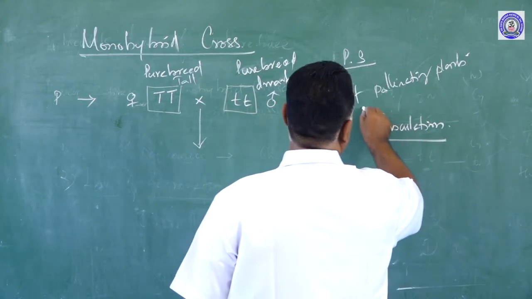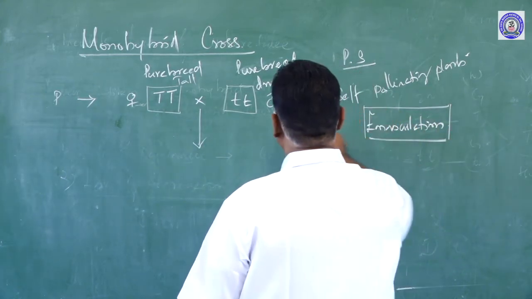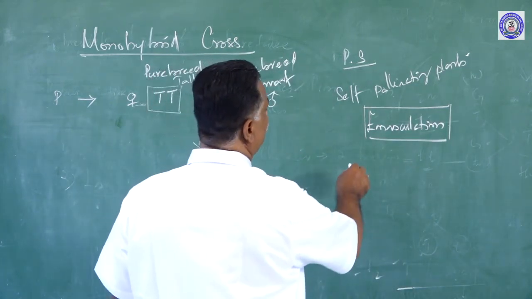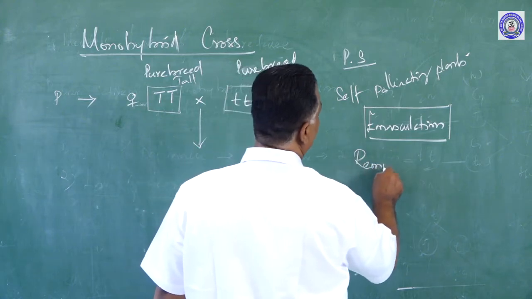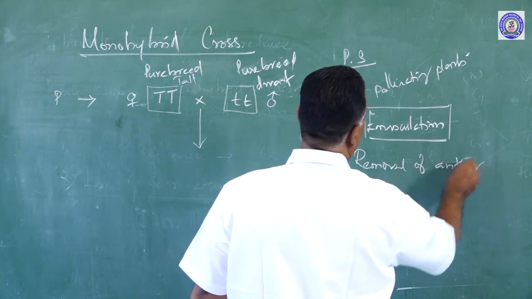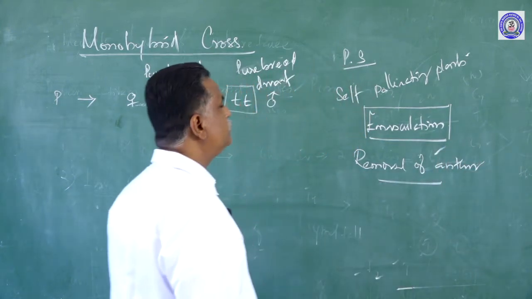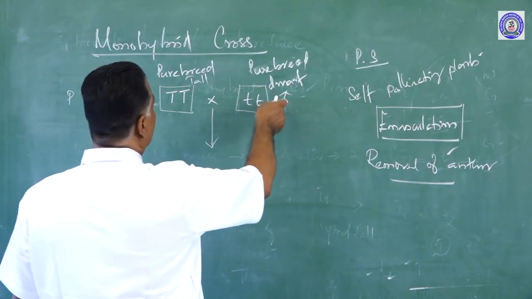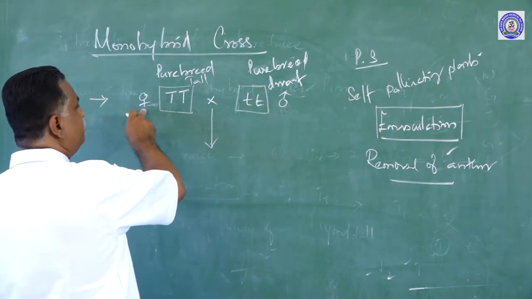Sometime earlier I stated the term emasculation. He emasculated these two plants. What is emasculation? Removal of anther. Removal of anther is called emasculation. So he removed anther from this, and he removed anther from this. He removed anther from this and made it female.